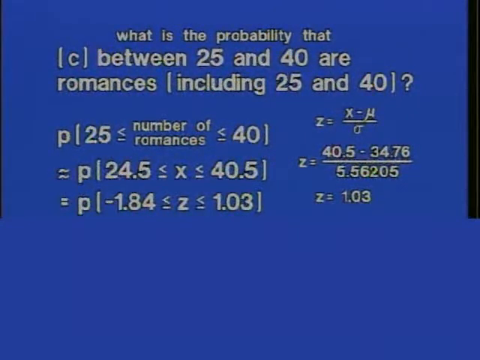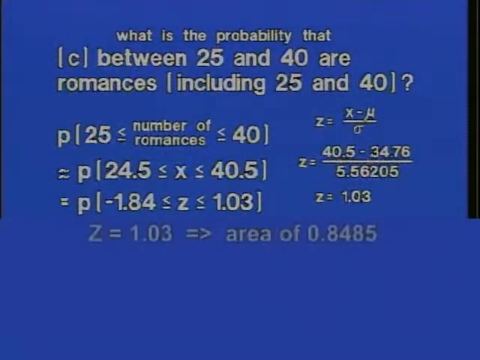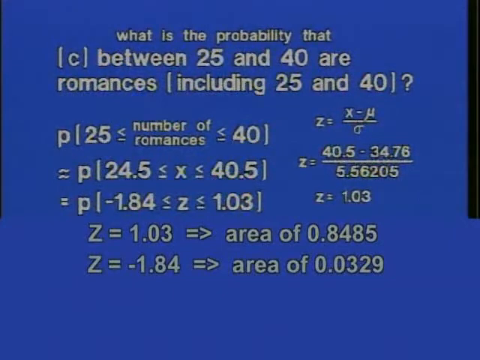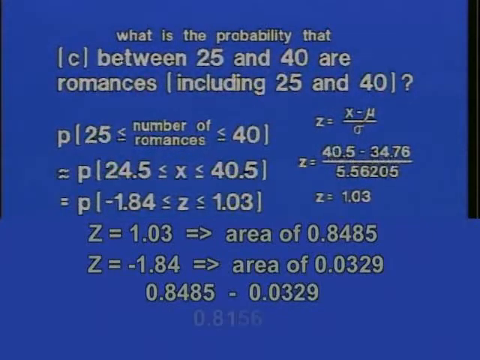That is, we're going to take the area associated with the larger z-score and subtract the area associated with the smaller one. That's all there is to it. Now, a z of 1.03 implies an area of 0.8485. A z of negative 1.84 from the table implies an area of 0.0329. Taking the difference, we find the probability, or the area, to be 0.8156.